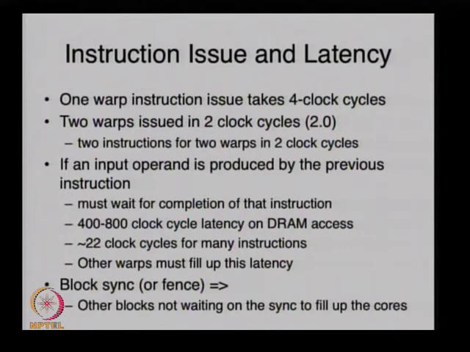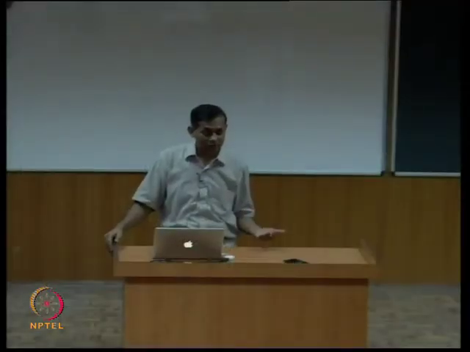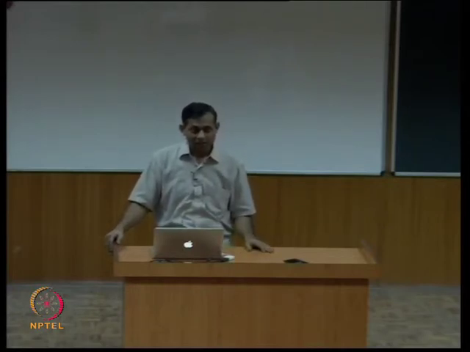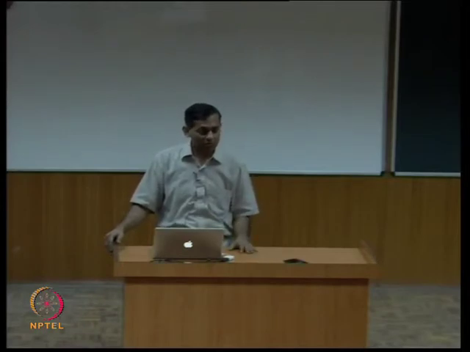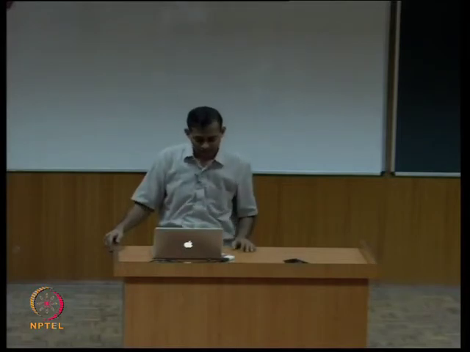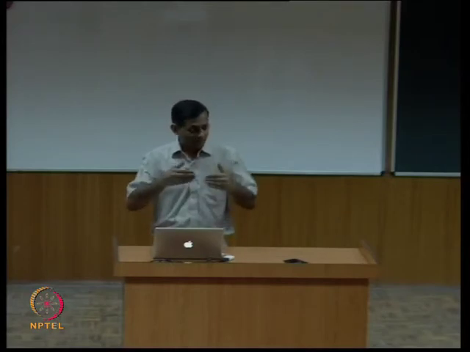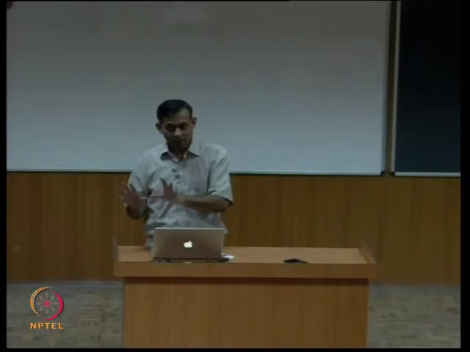To get data from DRAM, it takes 400 to 800 clock cycles, and it depends on whether it's coming from L2 or from the actual memory. For most instructions, as I said, 20 to 24 clocks, meaning that now let's talk from the 2.0 point of view.